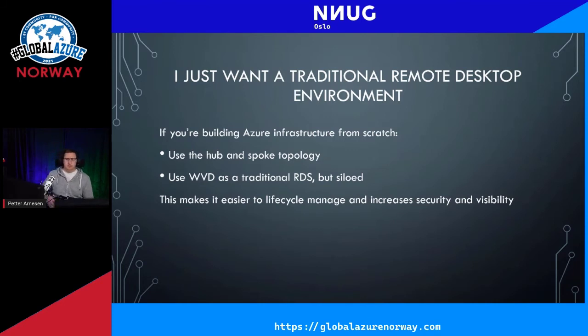And in this case, you would consider your Windows Virtual Desktop as traditional RDS, but siloed in and living on its own little spoke. The reason why I would prefer the hub and spoke topology in this case is that it makes it a whole lot easier to lifecycle manage your environment, and it also increases security and the visibility of all network traffic and services and so on.